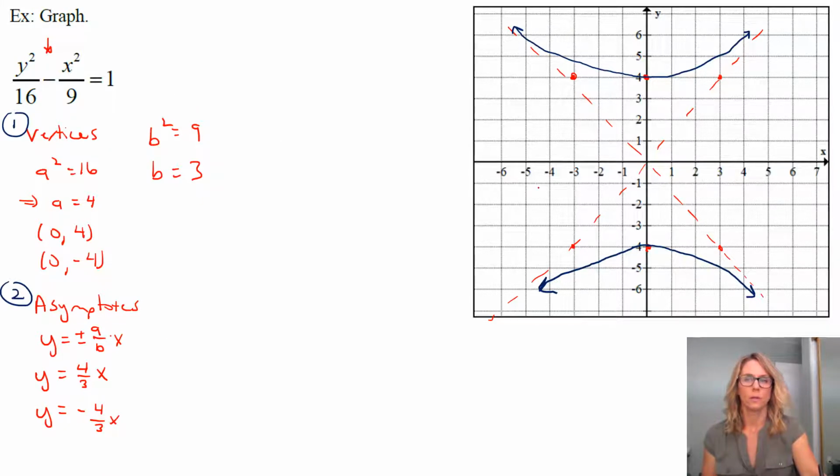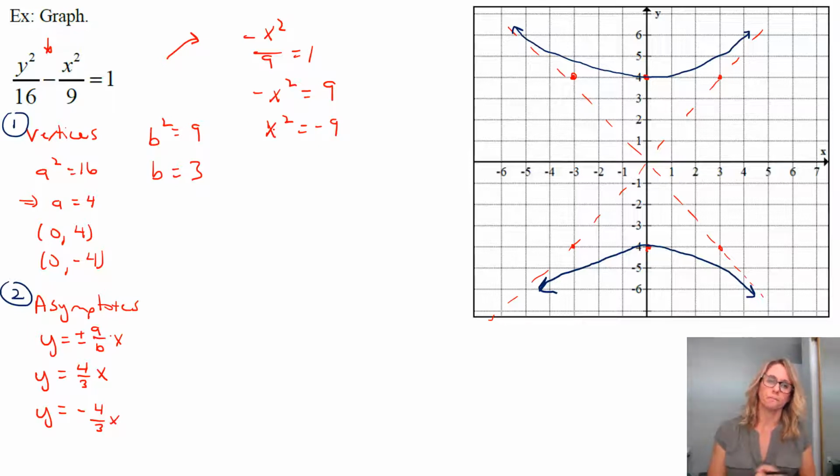And notice there are no x-intercepts on this. So notice it never crosses the x-axis. And if you want, you can just take this piece of information, but you can see very easily if there were x-intercepts, then when I let y equal 0, which would create this equation, I would end up with this, which would give me x squared equaling negative 9 if I tried to solve for x.